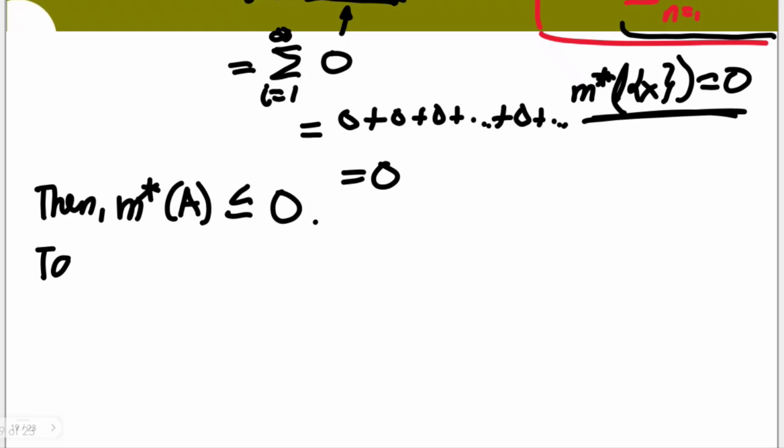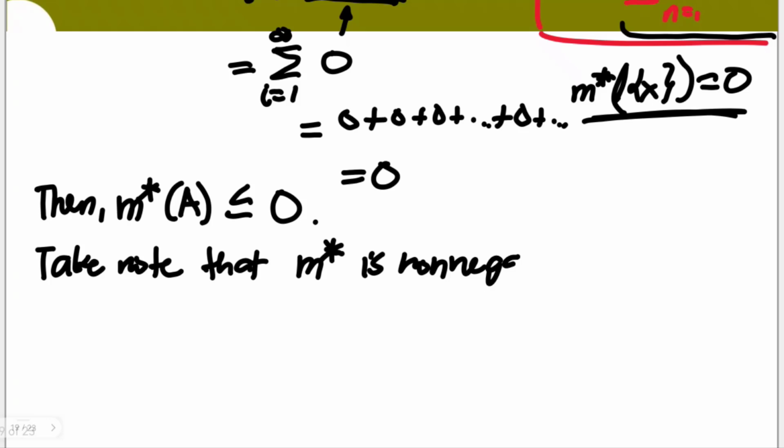Take note that the Lebesgue outer measure function is non-negative. Okay? It's based on how we define a certain function as it maps to the interval 0 to positive infinity.